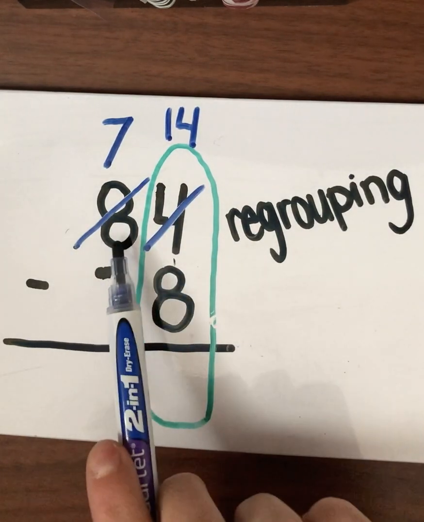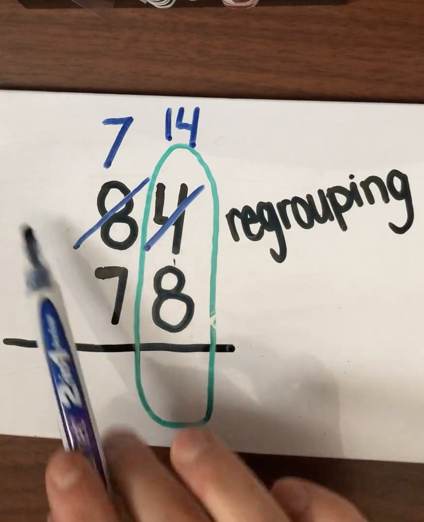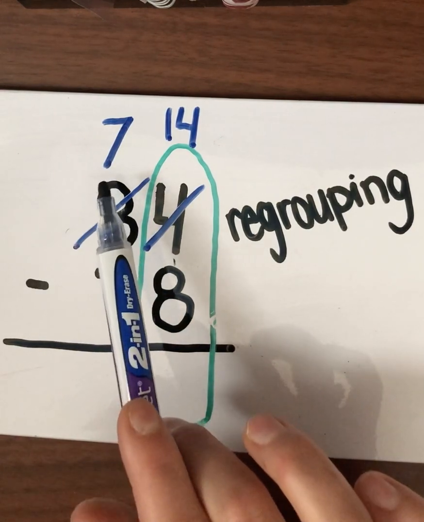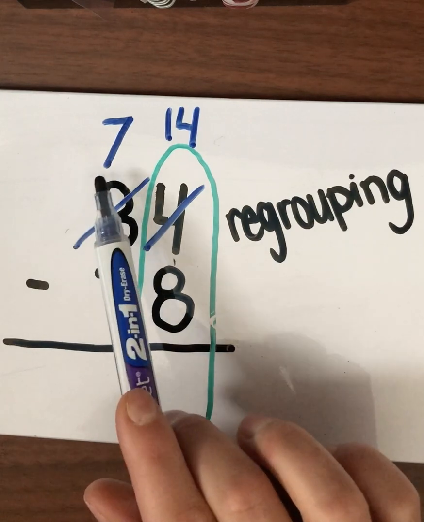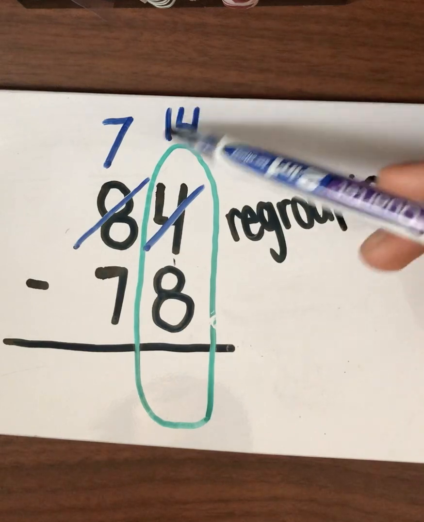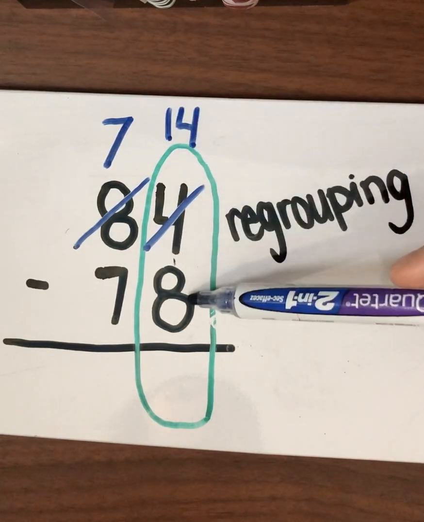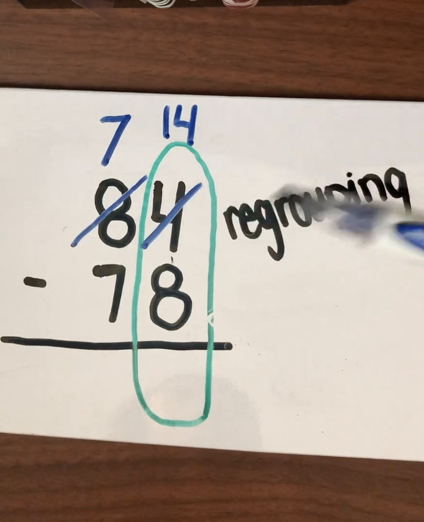So again, our 8, we took 10 away from him, which made him a 7. And then we added 10 to 4. Again, this would be a rule breaker here because we don't have more than 2 digits in the ones column or in any column.